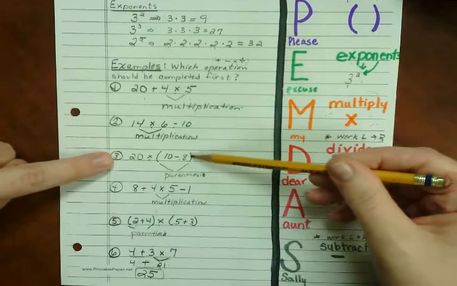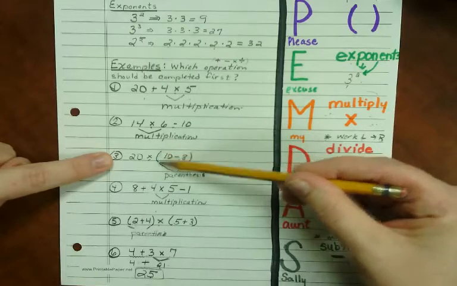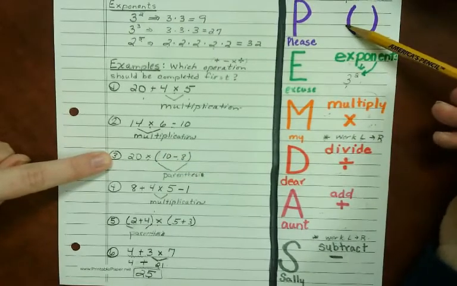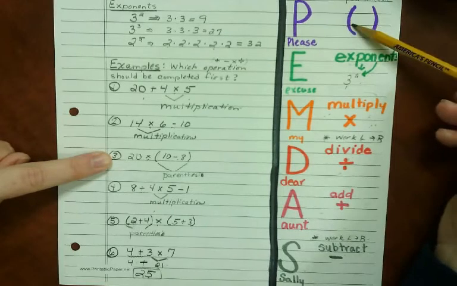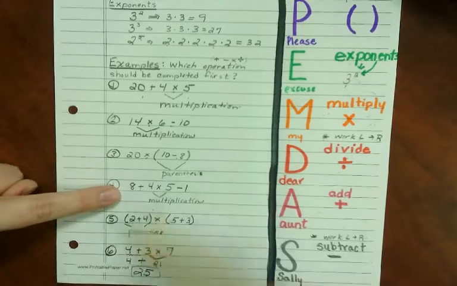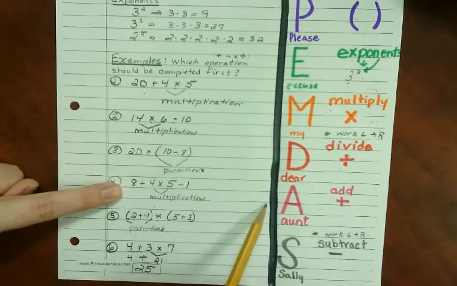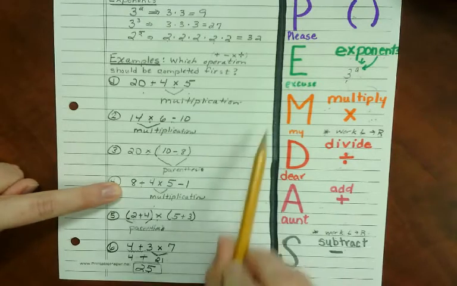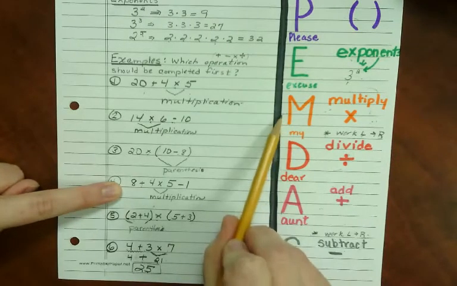We looked at this one and said, we have parentheses. That's at the very top of the list. We've got to do that one first before anything else because it's at the top. Then we looked at this one and said add, subtract, and multiply. But multiply comes first.